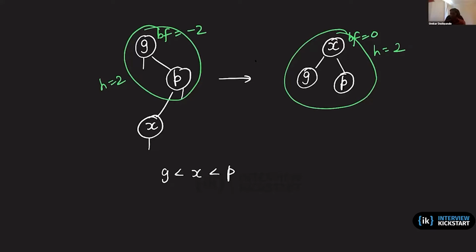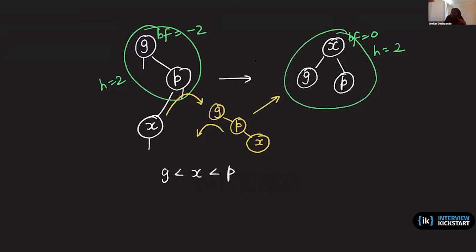So this was a more complicated manipulation. We can think of it as proceeding in 2 phases. In the first phase, we rotated x like this to make it like that, and then we rotated in this direction to make it like that.